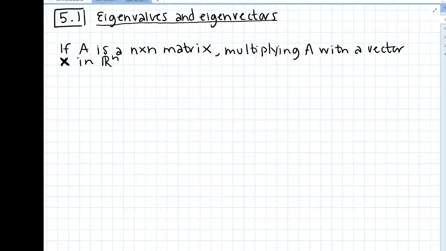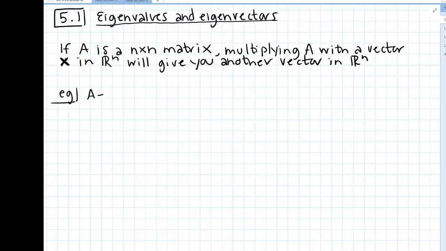If you don't believe me, try an example, and you'll see that whatever the size of the vector you multiply with, you'll get the same size of vector out of it. So you can think about what multiplying by a matrix does to a particular vector. So let's look at an example.